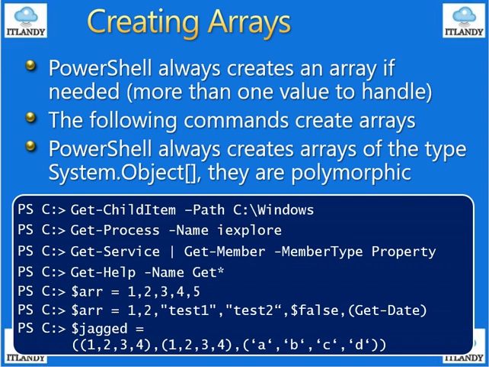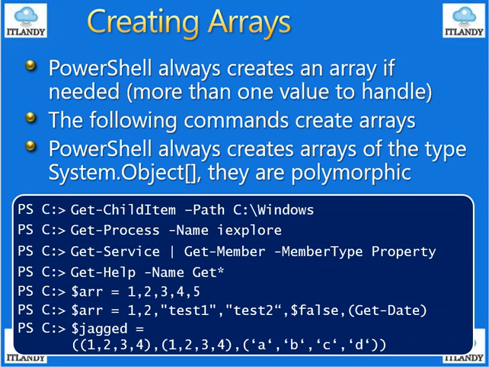In formal terms, PowerShell arrays are polymorphic by default, though it is possible to create another type which we call a constrained array. Of course, PowerShell also supports jagged arrays and multi-dimensional arrays.